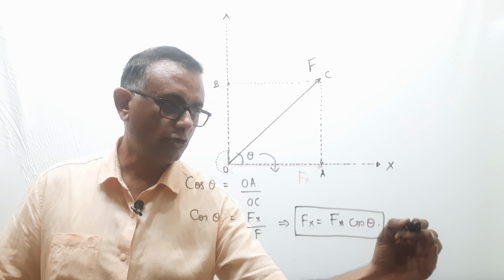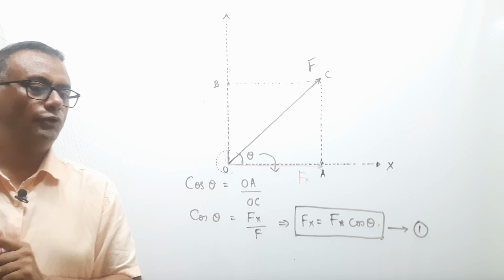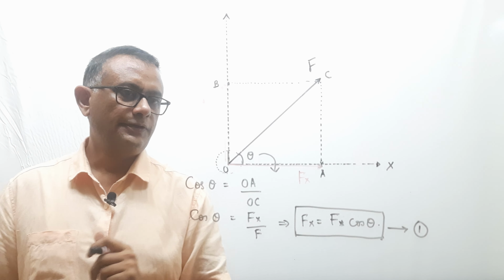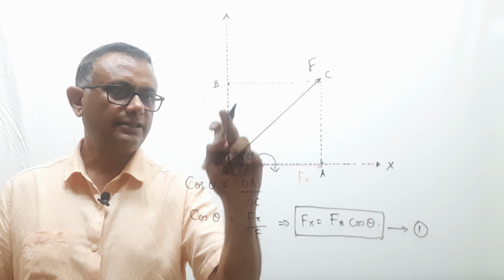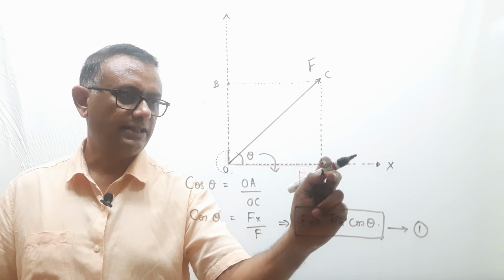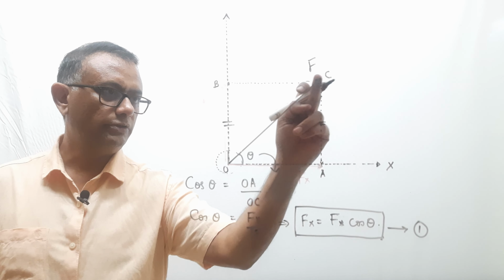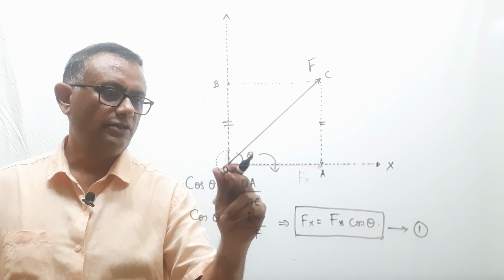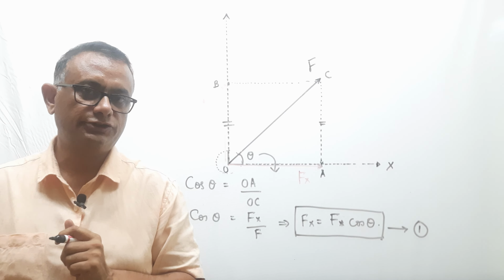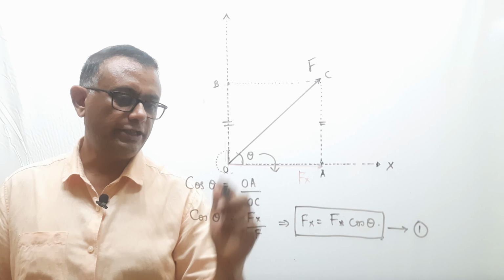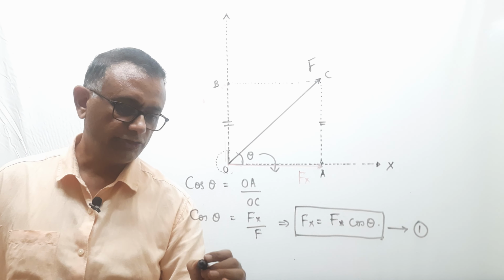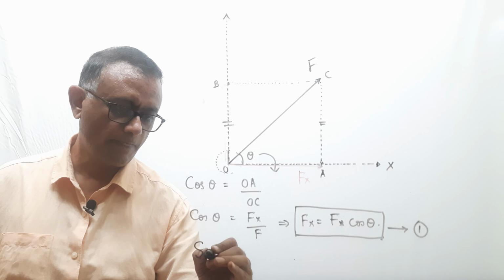And likewise, in order to find the force along the y-axis, we can realize that OB is nothing but AC, right? So both these are equal. So we have to compute AC. So for doing AC, what is the trigonometrical ratio we need to use? As you would have guessed, we need to involve the opposite side. So we'll say sine theta.